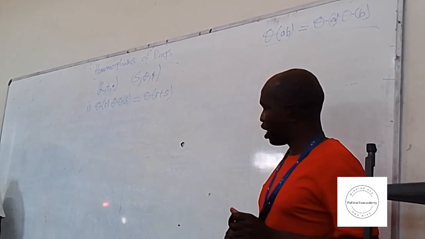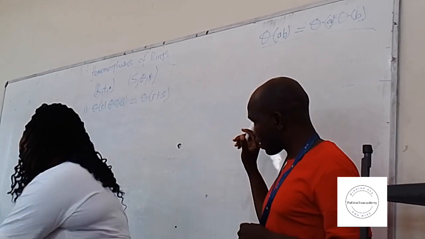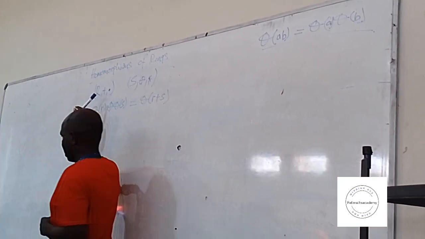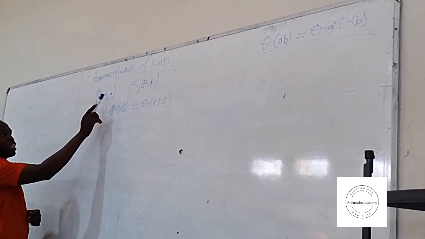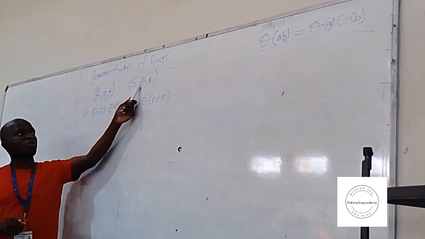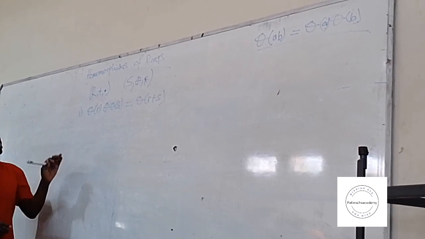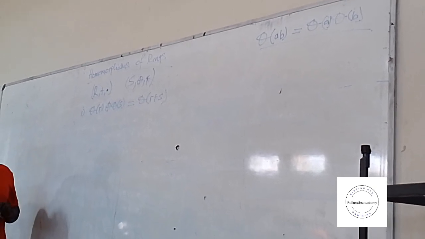So remember, a ring carries two what? Operations. Here we have addition and multiplication, and here we have this operation and star. That is a ring, the properties of a ring.